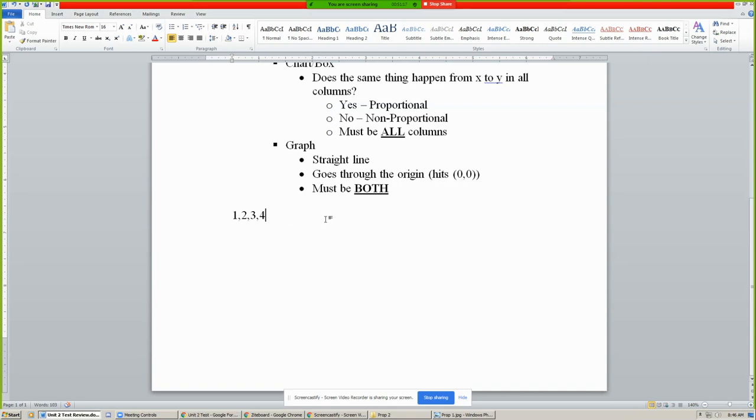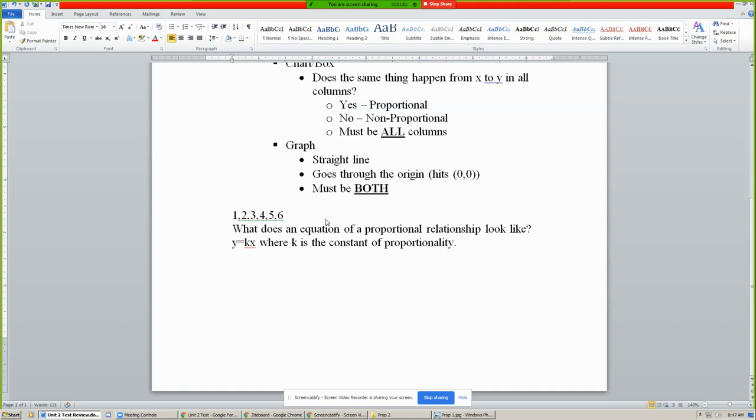Number 4, number 5, and number 6 all deal with what does an equation of a proportional relationship look like? So you have to remember that y equals kx, where k is the constant of proportionality.